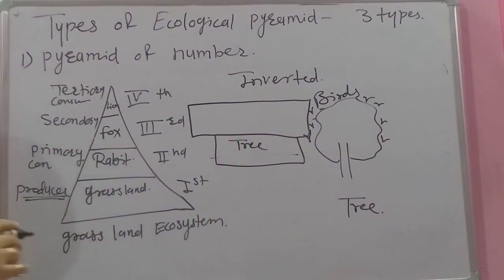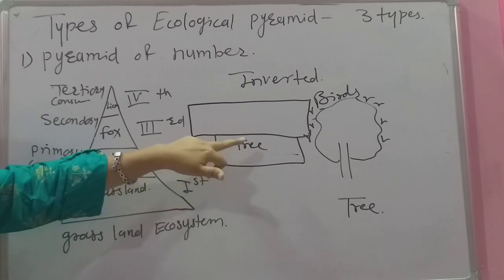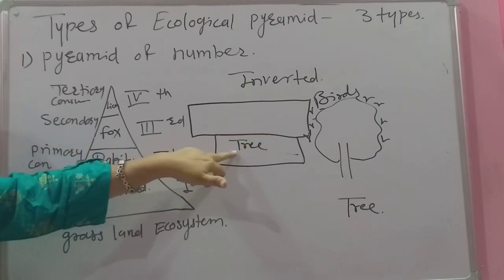The shape of the pyramid is inverted, because in this type of pyramid the producers, that is the first trophic level, are fewer than the second trophic level. For example, the tree, this is a single tree.